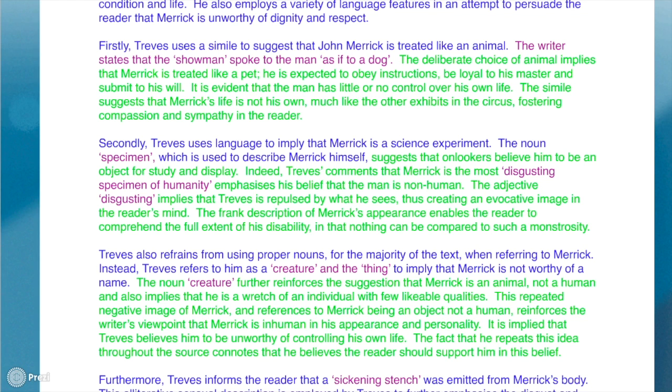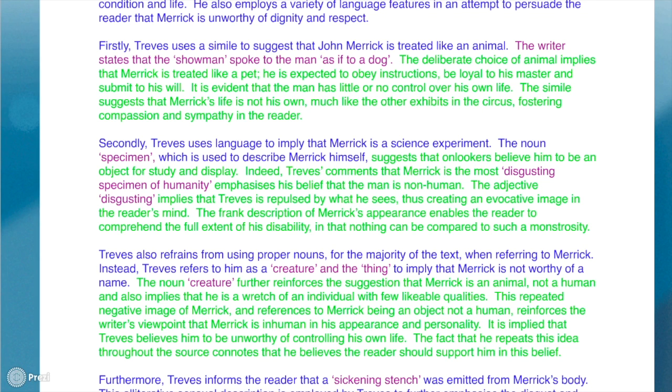That's what specimen means. If you look up specimen in the dictionary, that's what it means. That's our define, okay? Indeed, Treves comments that Merrick is the most disgusting specimen of humanity, emphasises his belief that the man is non-human, okay?